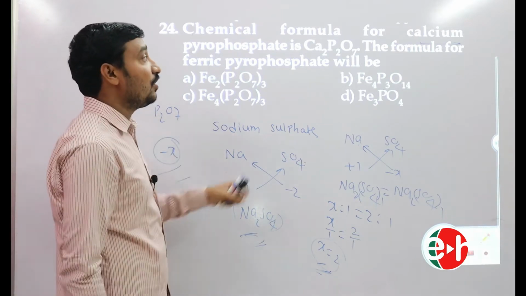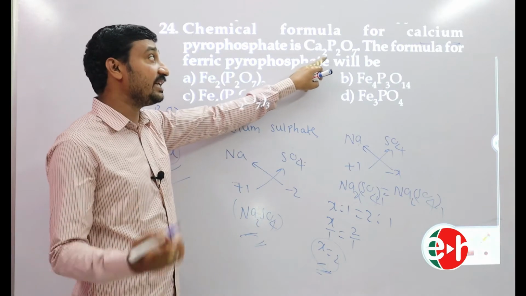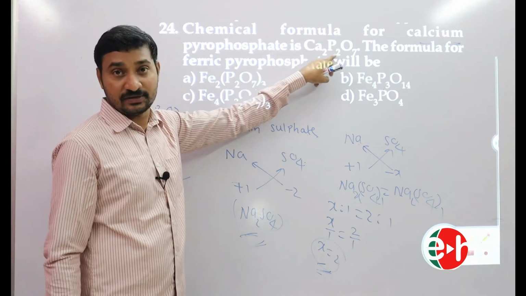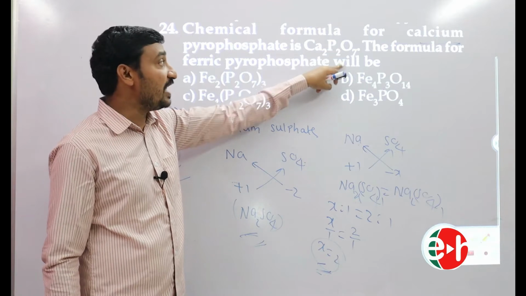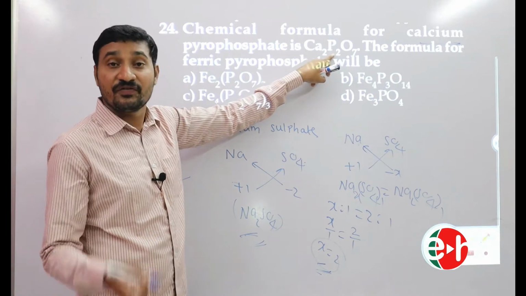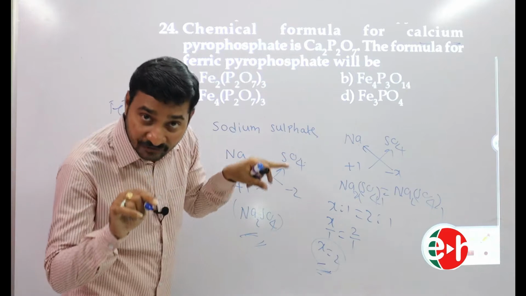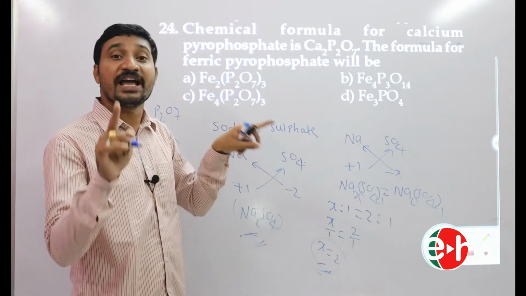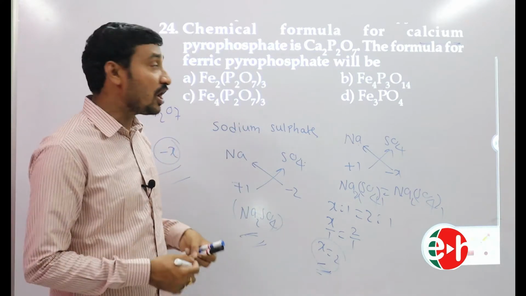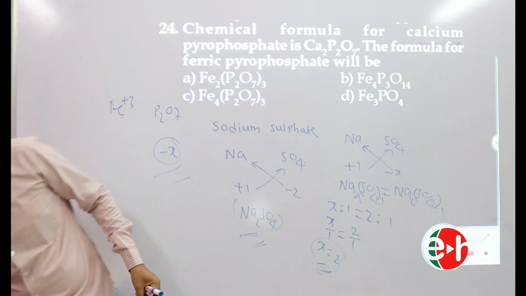But one chemical compound involving the pyrophosphate ion is given. So based on this information, first of all we have to find the charge on pyrophosphate. How can we find it?